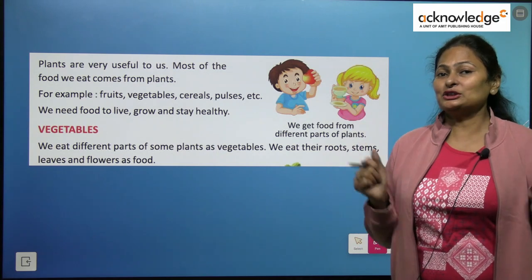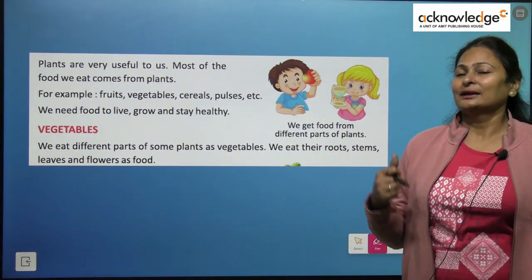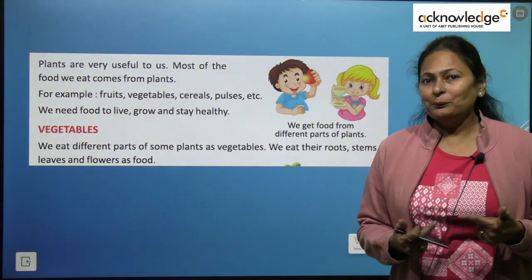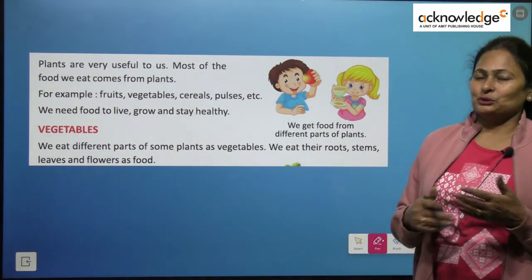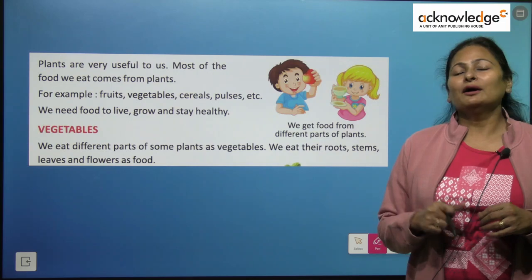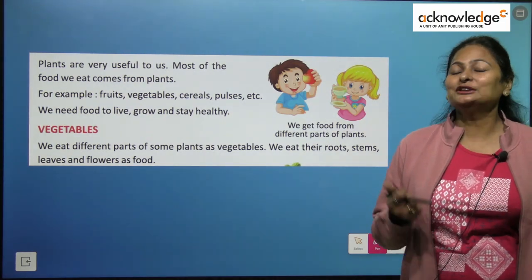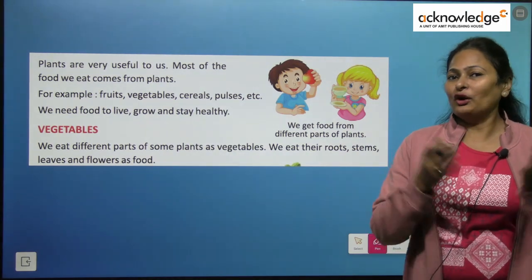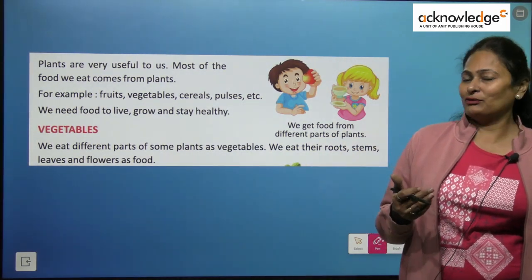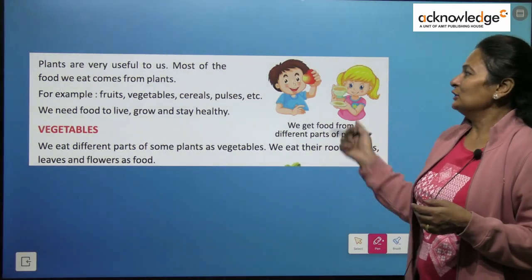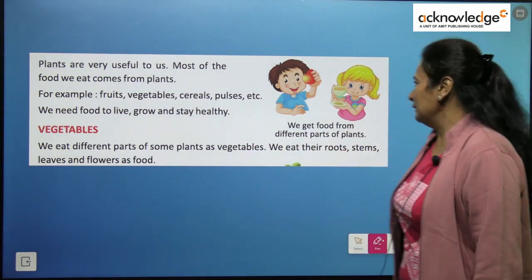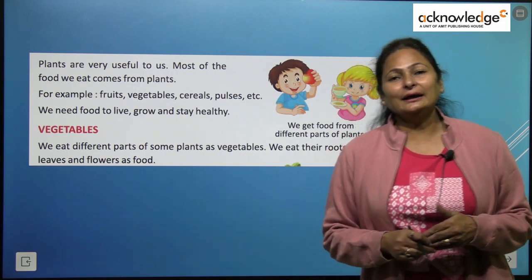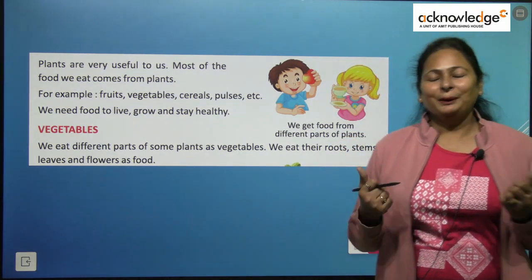Plants produce so many things for us, and not only for us, they produce for animals too, correct? They are called universal producers because they produce for animals, for us, for humans, right? So, for example, fruits, vegetables, cereals, pulses are what we get from plants.